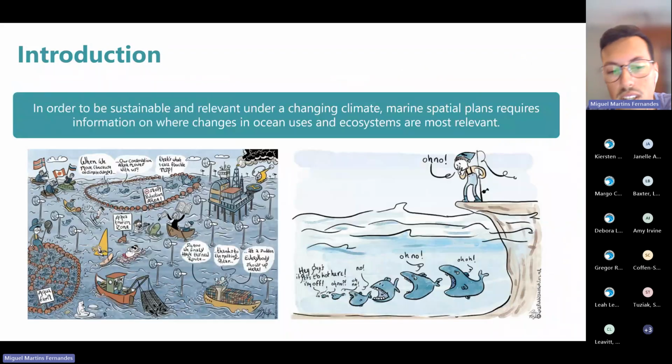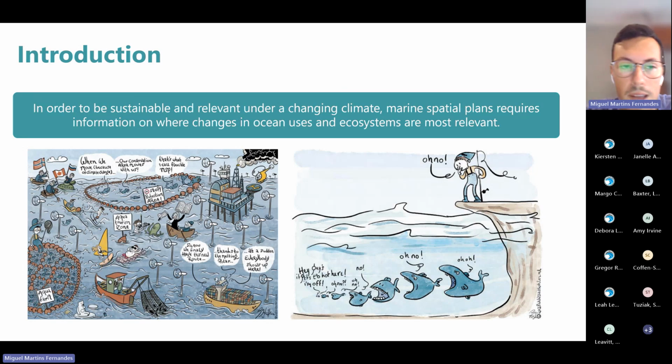And now I'm going to give a brief description of what these management plans do. One of the most known is the Marine Spatial Plan or Maritime Spatial Plan in Europe. These plans are a public process that tries to allocate, in a temporal and spatial way, all the maritime activities that could occur in a national space.